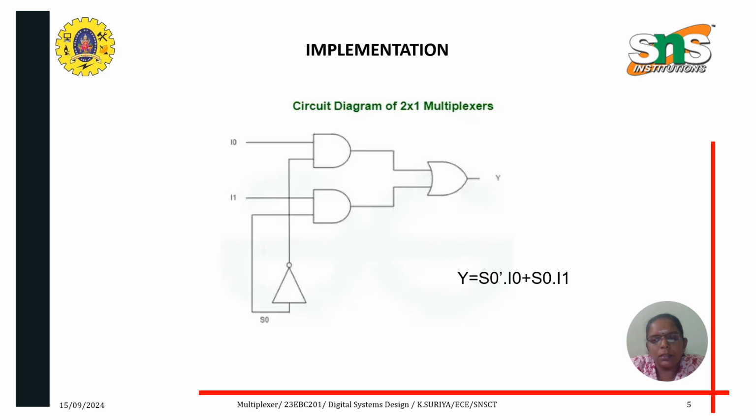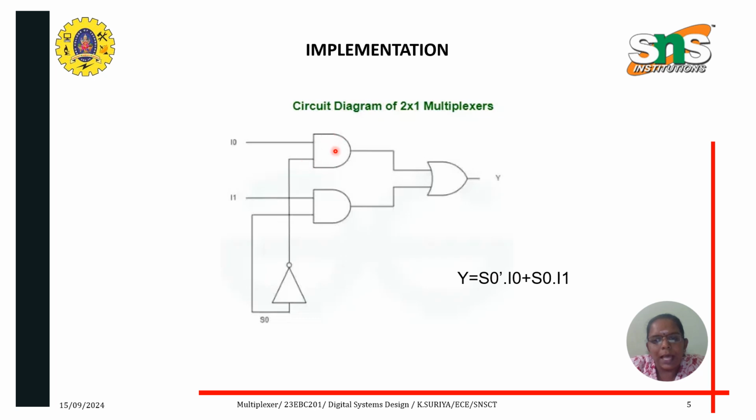So this is the circuit diagram of a 2 cross 1 multiplexer, based on the expression Y is equal to S0 bar into I0 plus S0 into I1. S0 bar is given by using a NOT gate. So the output of this NOT gate is S0 bar.